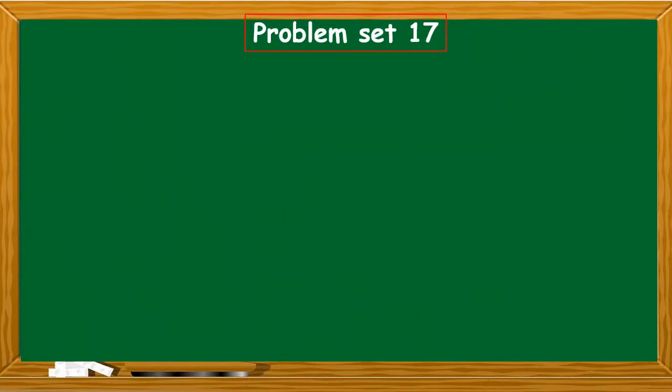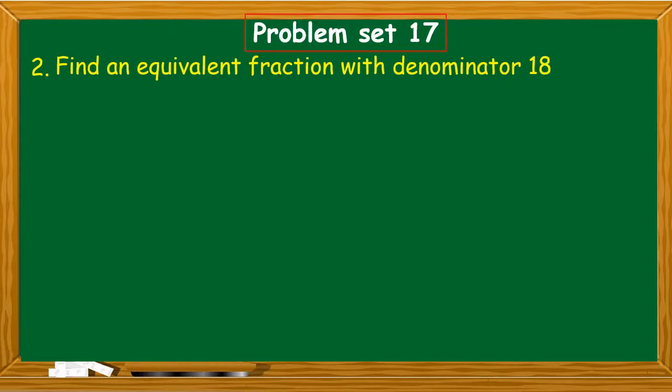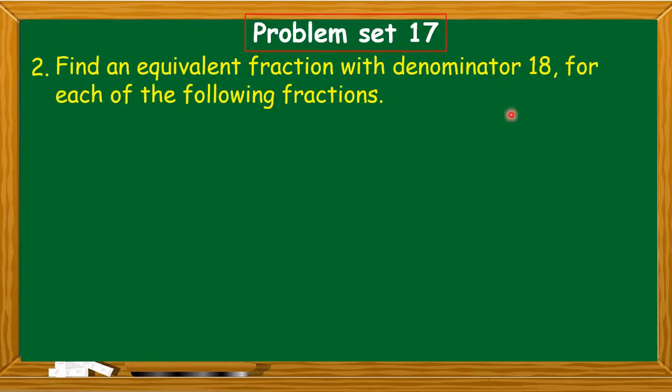Problem set 17. Question number 2. Find an equivalent fraction with denominator 18 for each of the following fractions. The first fraction given is 1 upon 2.